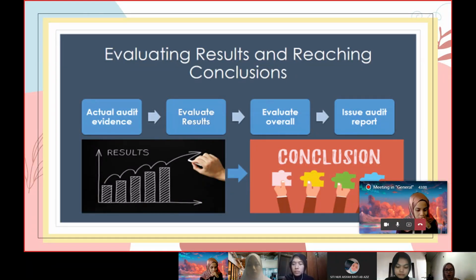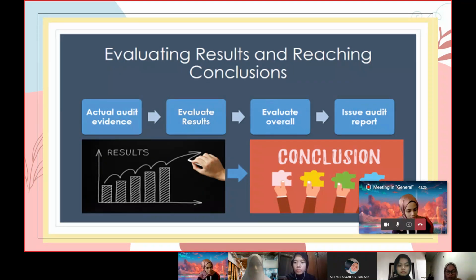So there's 4 points here. So for the actual audit evidence, we are going to check by cycle, account, and objective, and another audit procedure, such as sample size, items to select, and timing of our audit of the financial statement.